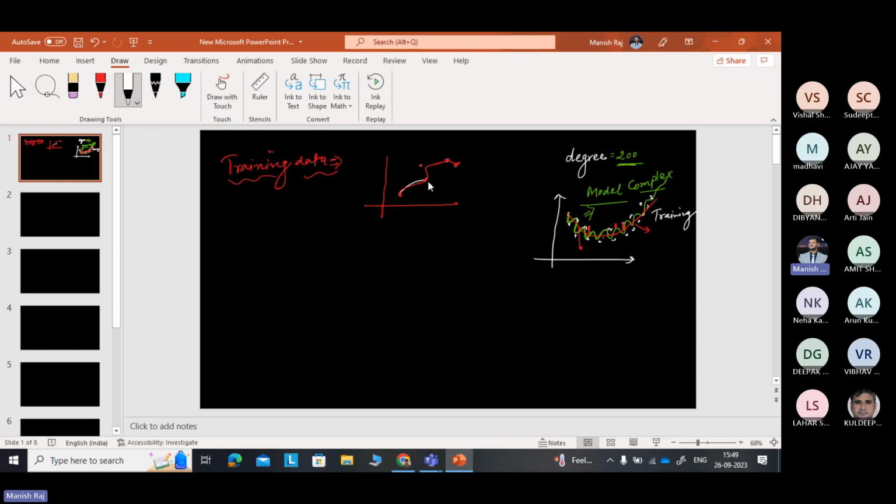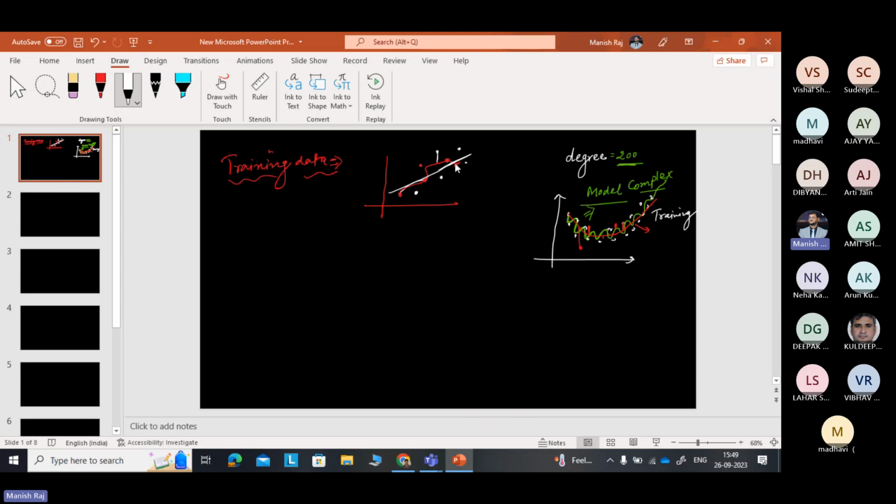On the basis of simple regression, when you take the testing data here, some error is here, some error is here, and some here. For this pattern only this error is happening. So whenever we capture data like this, it provides less error, and whenever we involve all the training data, the error will be more.